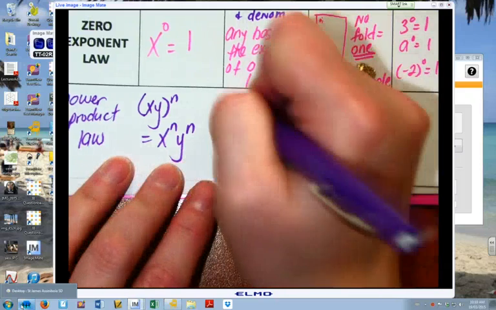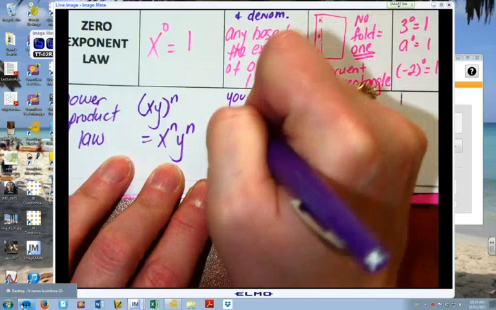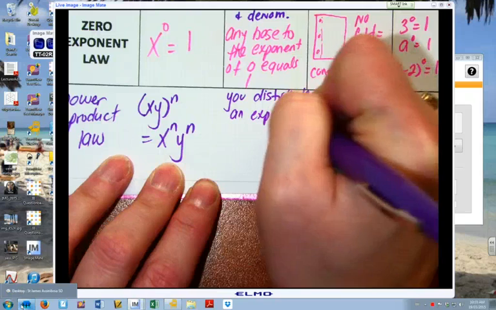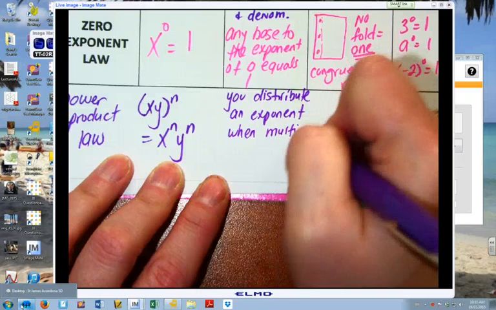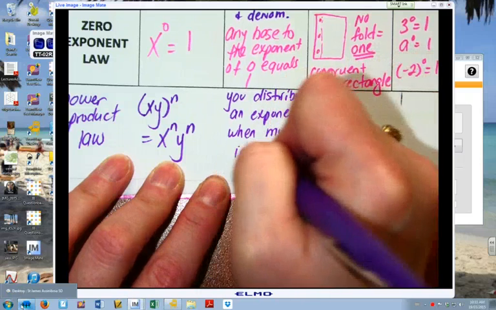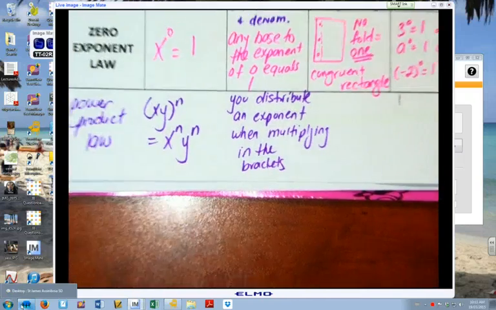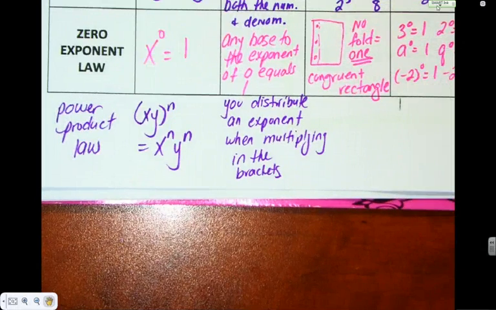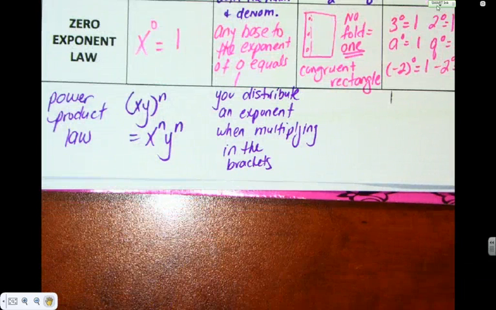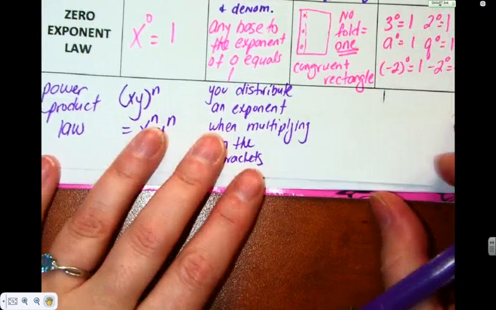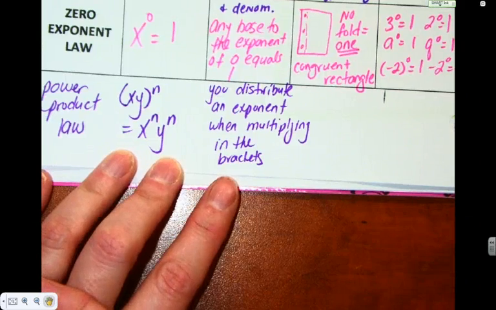So it's just saying that you distribute an exponent when multiplying in the brackets.